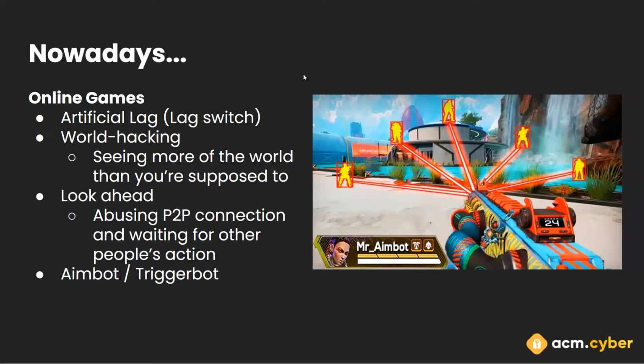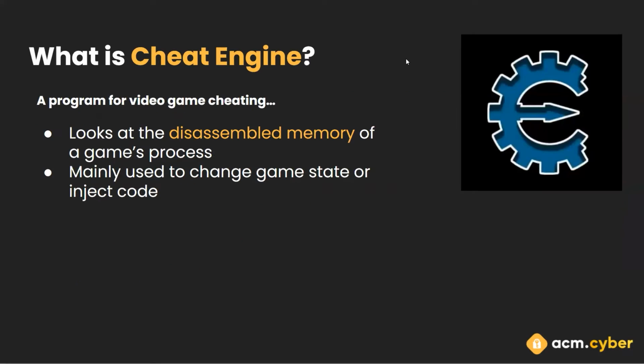In a turn-based game, what if you knew the actions the other player would take before they made them? And one of the things we're going to cover today is an aimbot or trigger bot, which is having perfect aim and always making sure your gun snaps to an enemy's head. Next slide.